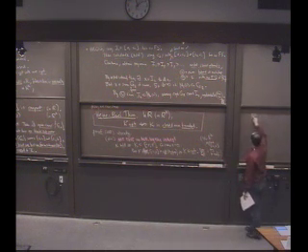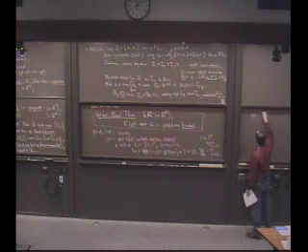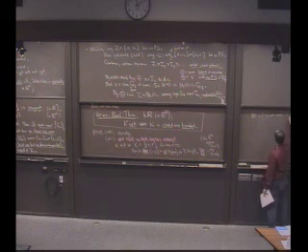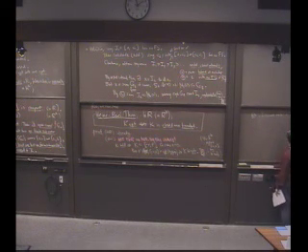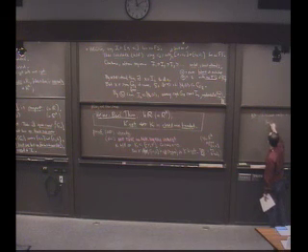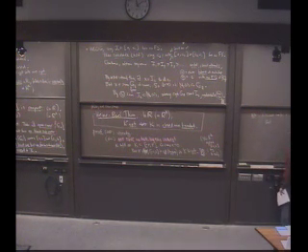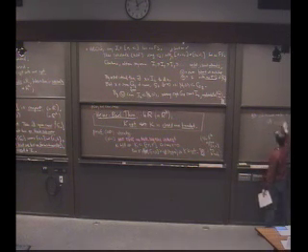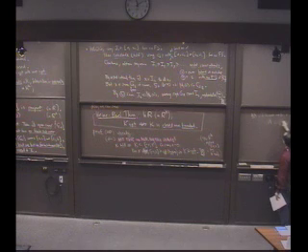So example, let's take a discrete metric on an infinite set. The entire space, let's call this infinite set A. Well, then A is closed. Why is it closed?